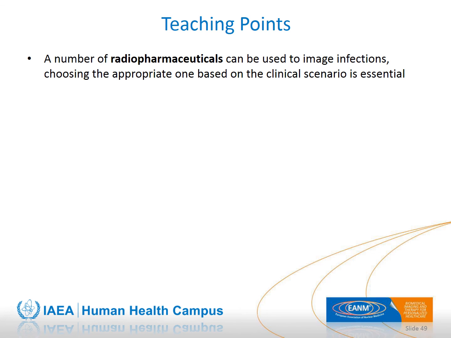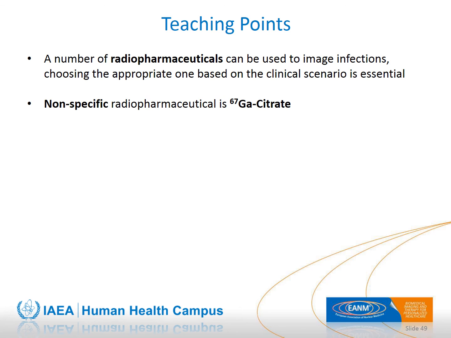A number of radiopharmaceuticals can be used to image infections. These use various agents, some of which being antibiotics, vitamins, and more commonly white blood cells and other mediators of the inflammatory pathway.